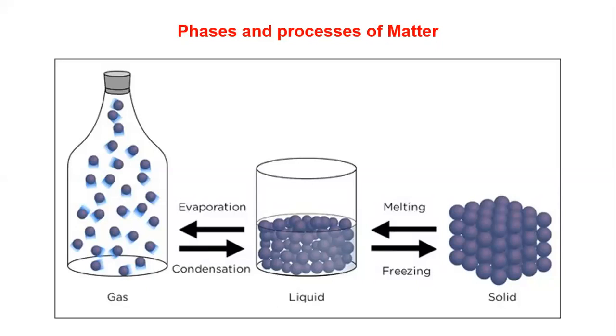You said the liquid, which is the water, you put it at the freezing point, and then it becomes a solid, which is the ice. And then if we put it by melting, it becomes the liquid, the water again. And then if we heat the water further, it becomes evaporation.